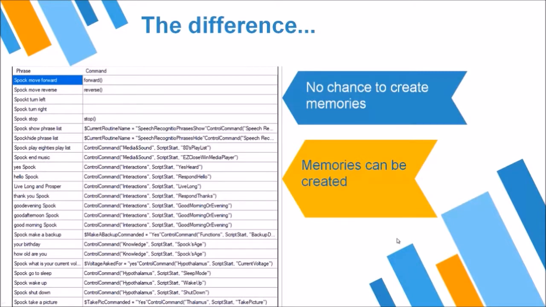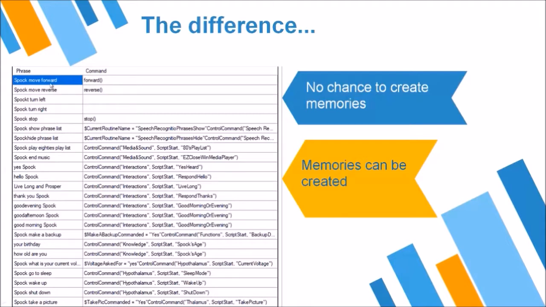The reason why I'm explaining that is because with your scripted speech routines, it's important for you to realize you're going to need to change the way that you interact with your robot a little bit in order to allow your robot to create memories.